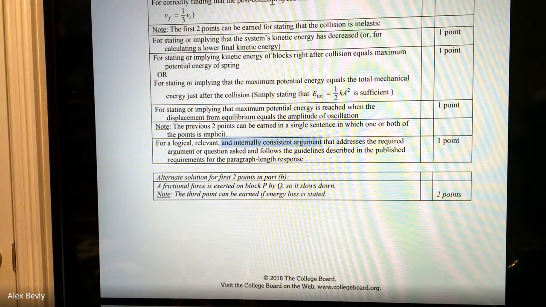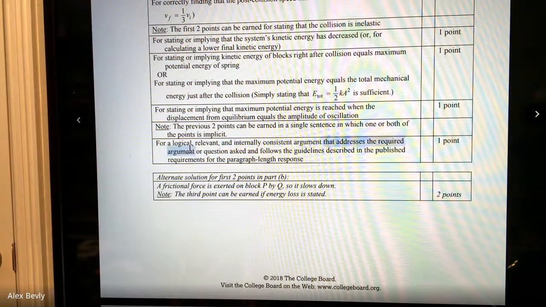If you say we lost energy, then we gained energy, that would be a case of not internally consistent. If you say somehow we gained energy and then say we gained energy here, you're still wrong, but I would say that's internally consistent. You're wrong, but you're consistently wrong, as opposed to bouncing back between being correct and incorrect.